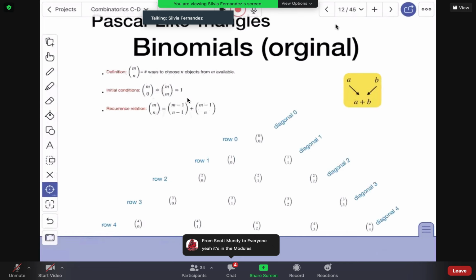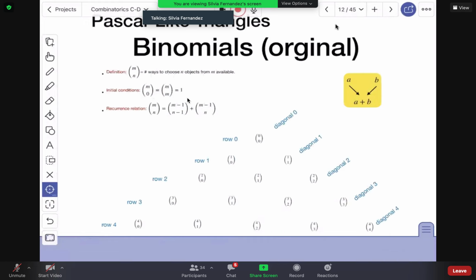This is the rule to create Pascal's triangle. It says that if you take 3 choose 1 plus 3 choose 2, it should give you 4 choose 2. If you take 3 choose 2 plus 3 choose 3, it should give you 4 choose 3. You can check this algebraically, but there is also a combinatorial explanation that this works.